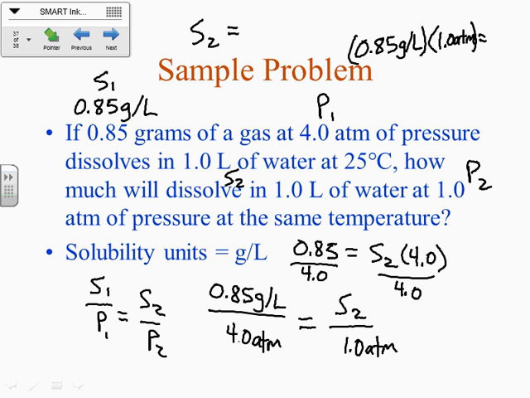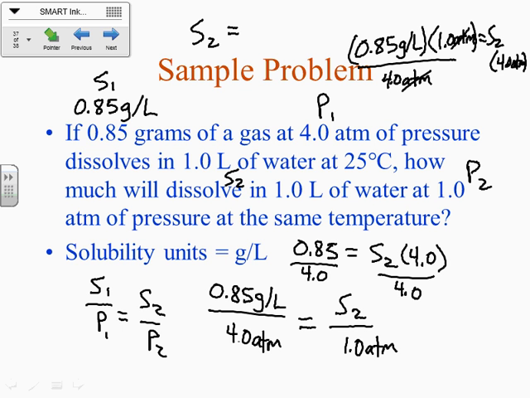That's equal to S2 times 4.0 atmospheres. So when I divide this by 4.0 atmospheres, what happens to my units? The atmospheres cancel out, right? And that leaves me with grams per liter.